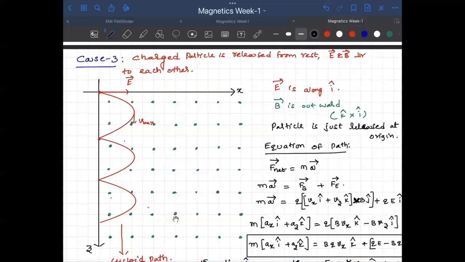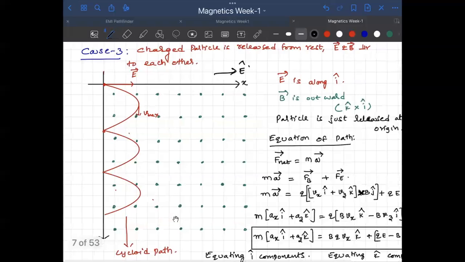Now what you have is a charged particle. Imagine a region of space where you have an electric field, uniform, along the x direction. And the dotted lines mean an outward magnetic field, right? The problem is you have released a charge at the origin.